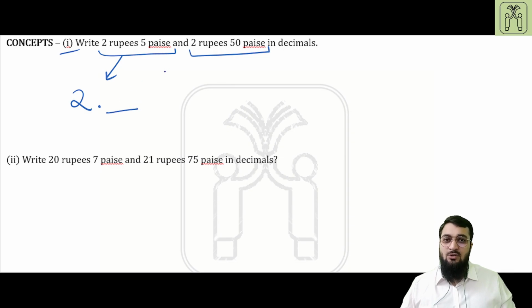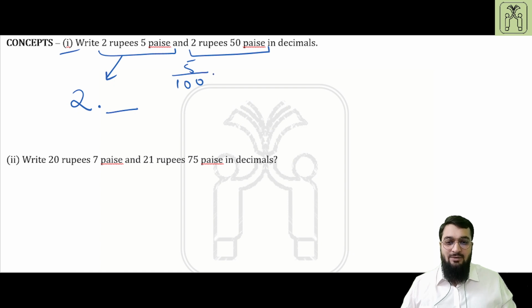Total number of paisa in 1 rupee are 100. 100 paisa make 1 rupee, and for making it 5 paisa, what will it be? We will write 5 over here, because 5 paisa is out of 1 rupee, that is 100 paisa.